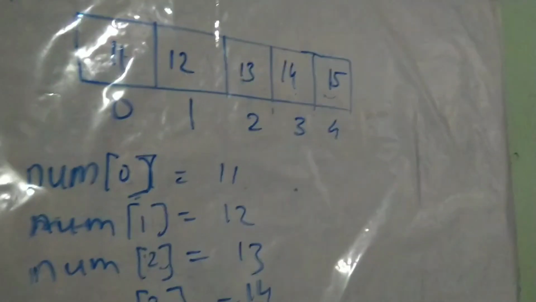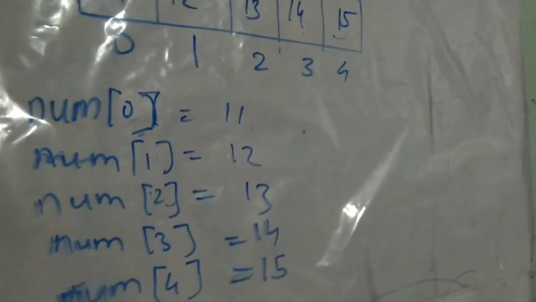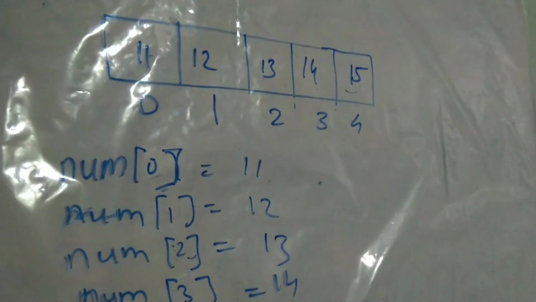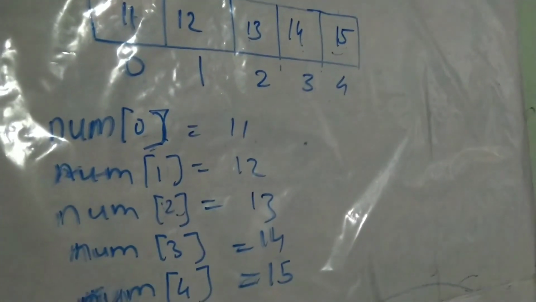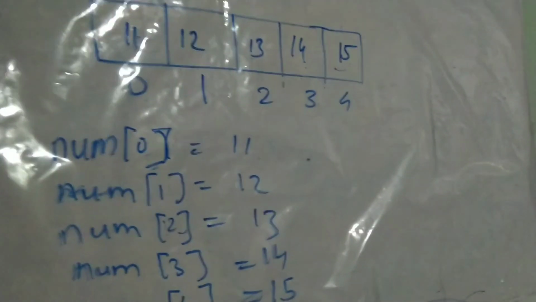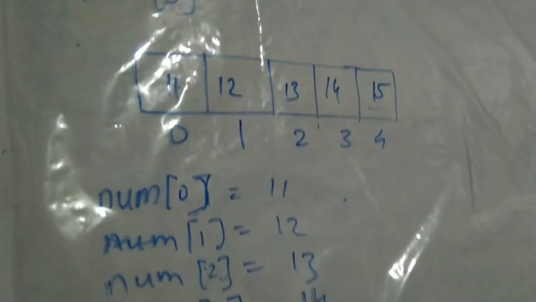So these are the 5 inputs and how they are stored. So at num of 0 it will be storing 11, at num of 1 it will be storing 12, at num of 2 it will be storing 13, at num of 3 it will be storing 14, at num of 4 it will be storing 15. So this is how the array works, how it stores the data and how it segregates.